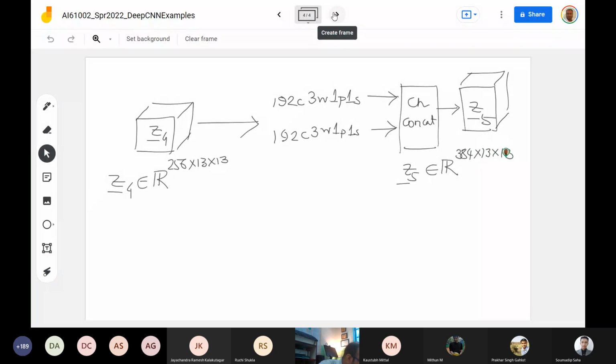So over here on top of it, we again run a max pool, which is of 3W 1S. Now what will be the resultant tensor if I run it with 3W 1S? 384 cross 11 cross 11.